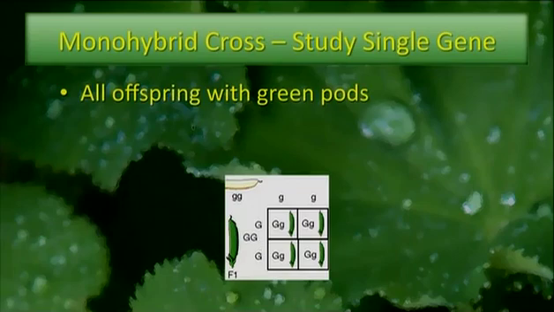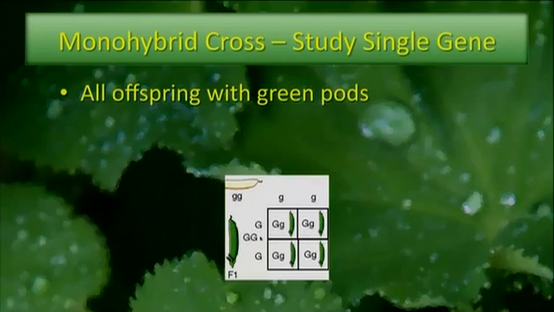Because all the offspring of this monohybrid cross in the F1 have green pods, you know that green is dominant over yellow. So then you assign letters for the parents: capital G for the green individual, lowercase g for the yellow individual, because remember, you name the alleles after the dominant trait.